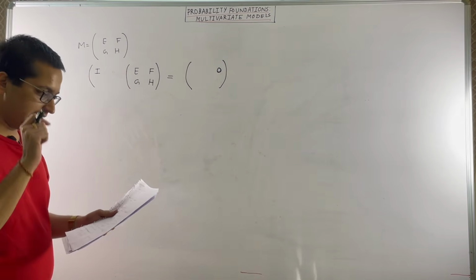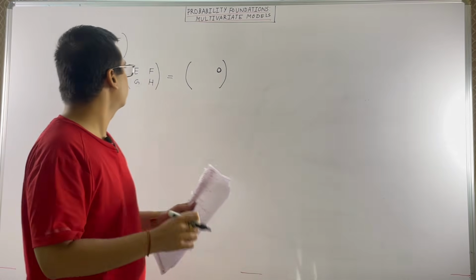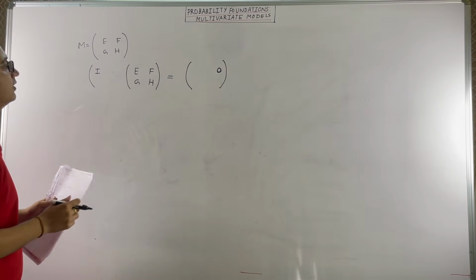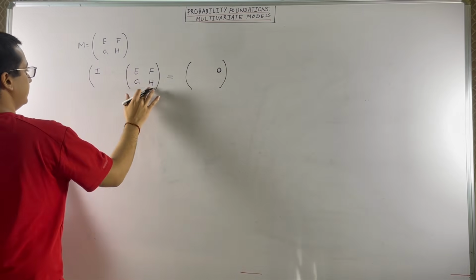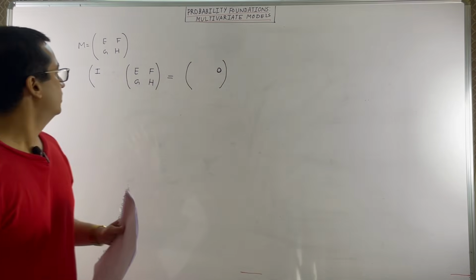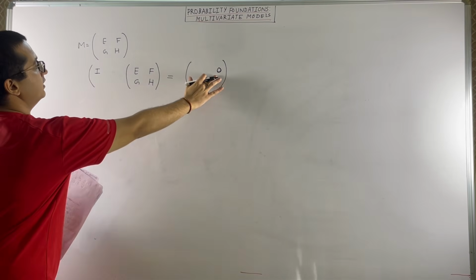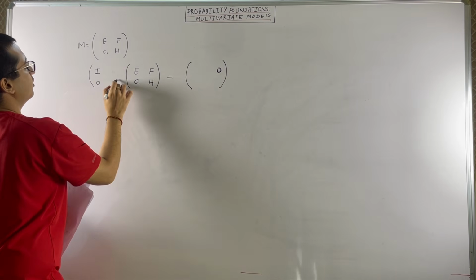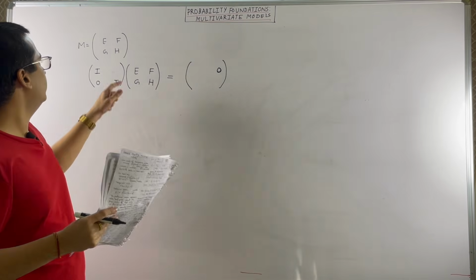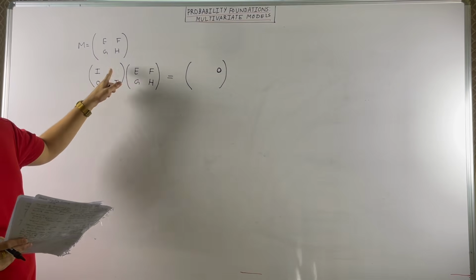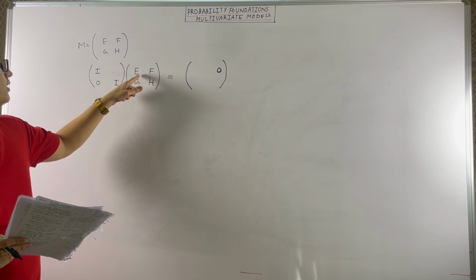If I have, let's say, F H inverse, then I can get a null, right? Did you get my point? We have E F and G H, right? So I want to bring a zero over here in this row. The second row I'm not even caring about, I just keep it 0 I. But here, what I should have? You see, here I have E, all right.